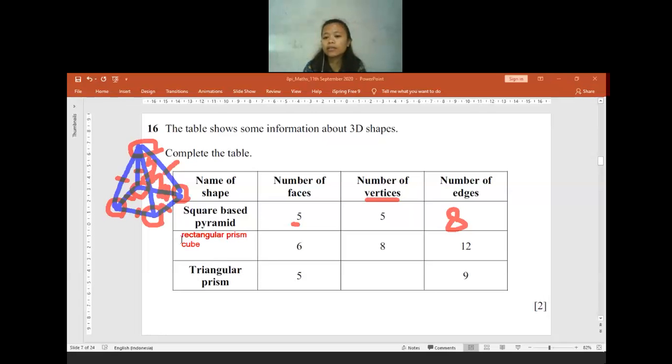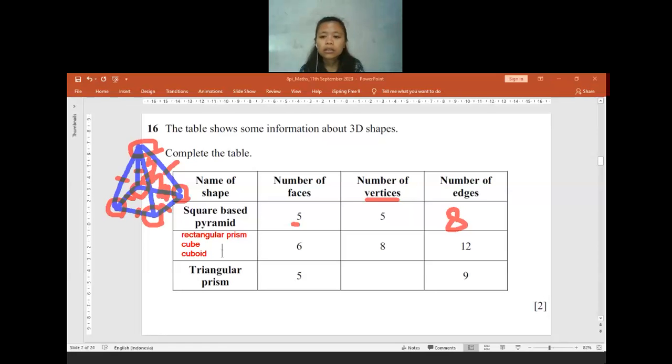You can make it a cube, also fine. You can make it a cuboid, that is also fine. So there are three options. It can be a rectangular prism, a cube, or a cuboid. Is there anyone having any question? Hello? No? Okay. If no one asks me anything, I will assume all of you already understand.